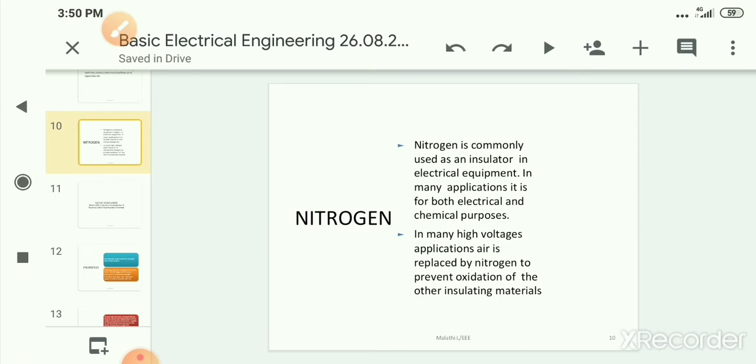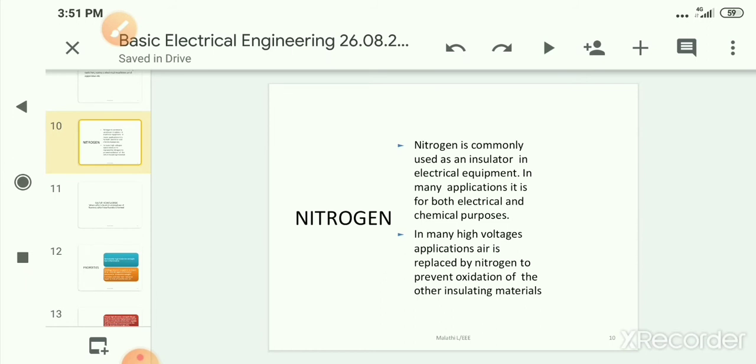It is present in all living things, including the human body, and plants also. What is the reason? 78% of air is nitrogen itself.